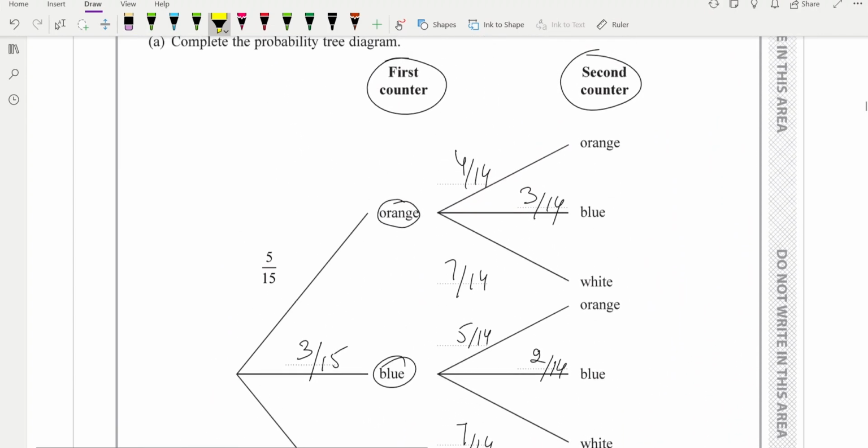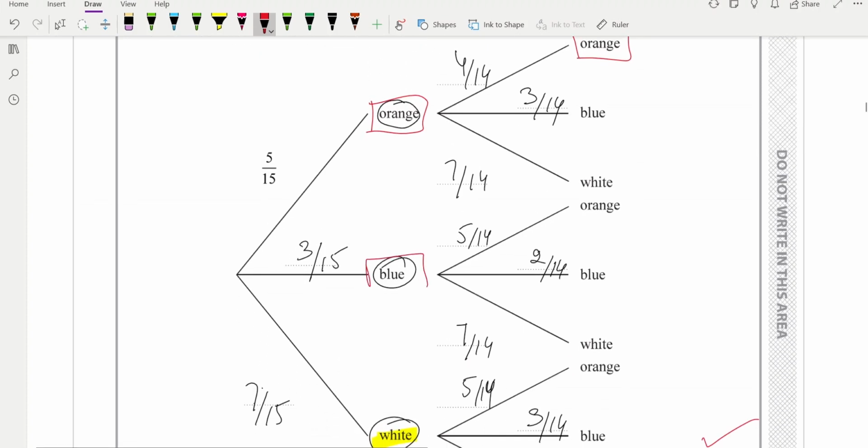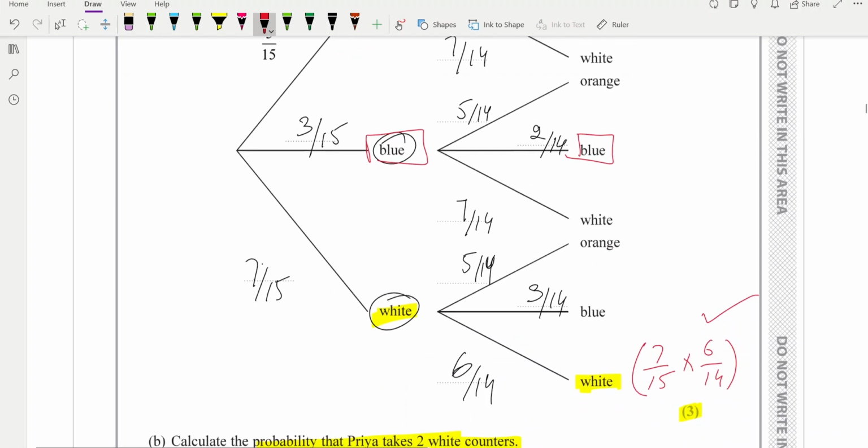Same color can be orange and orange, the second will be blue and blue, and the third will be white and white.